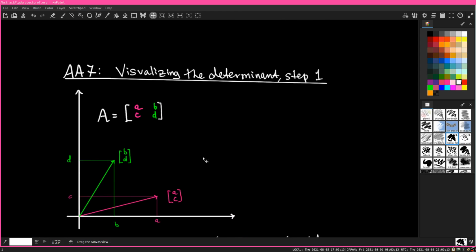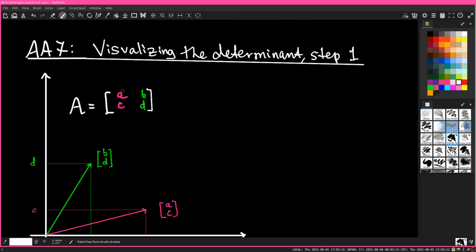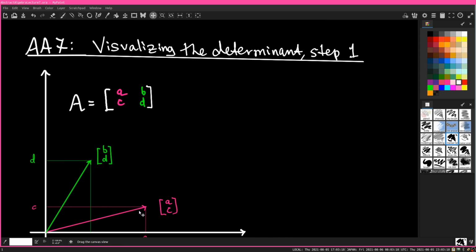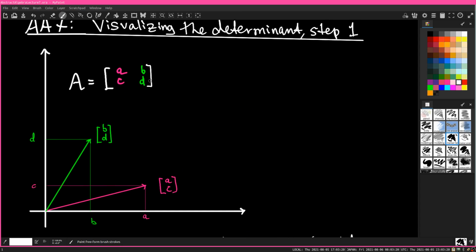The first thing we're going to do is visualize the matrix as column vectors.